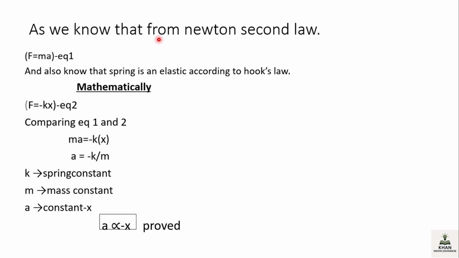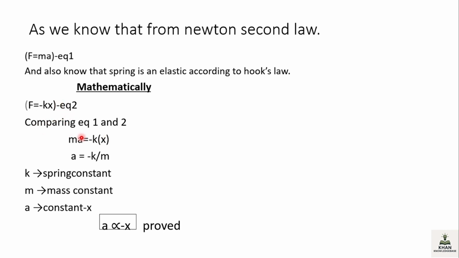As we know from Newton's second law, F equals ma, force equals mass multiplied by acceleration. And always know that the spring is elastic; according to Hooke's law, mathematically, F equals minus kx, where k is the spring constant and x is the displacement covered by the object.